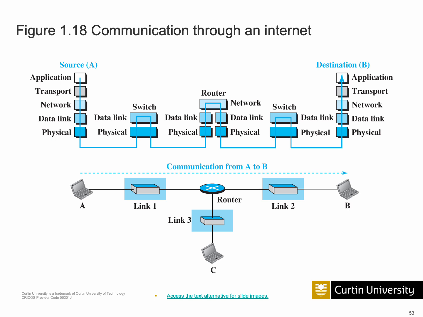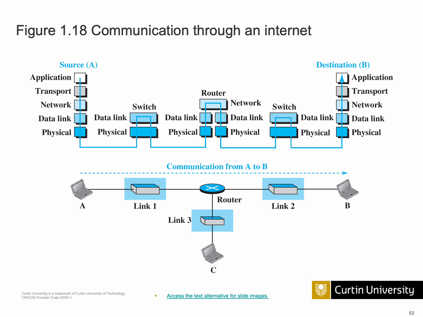The two hosts, computer A and computer B, have all 5 layers, but the intermediate devices like the switch and the router only have a certain number of layers, not all 5 layers.